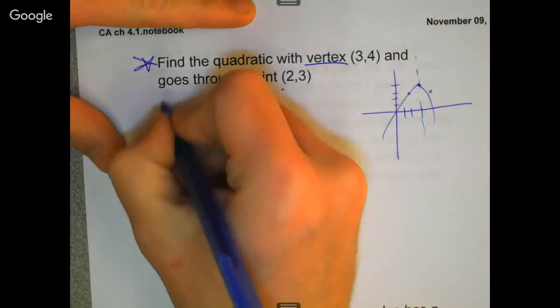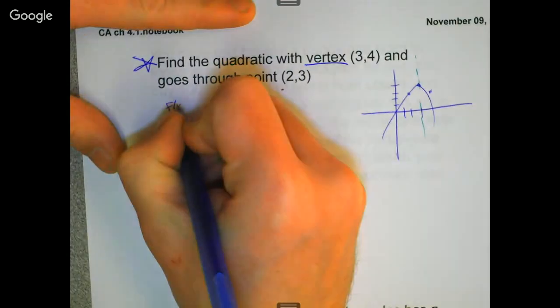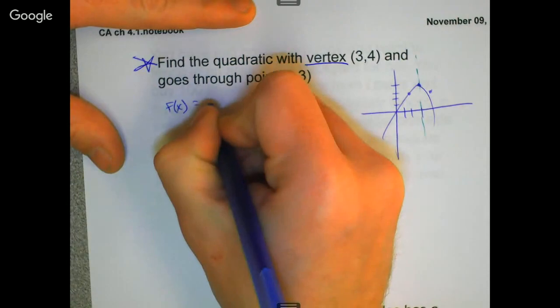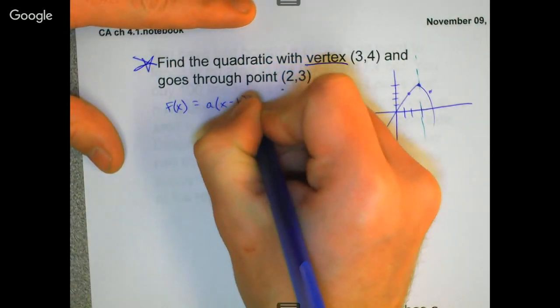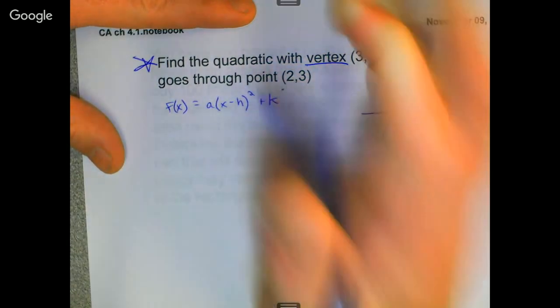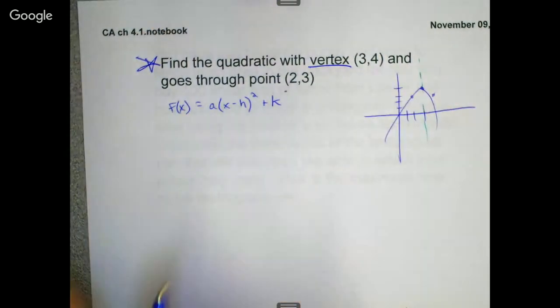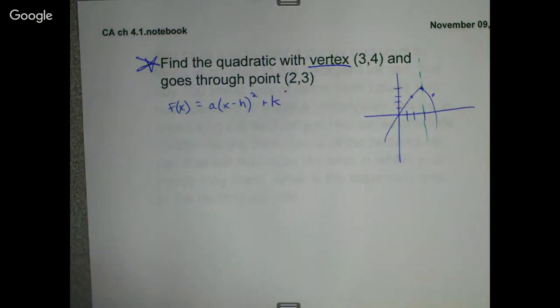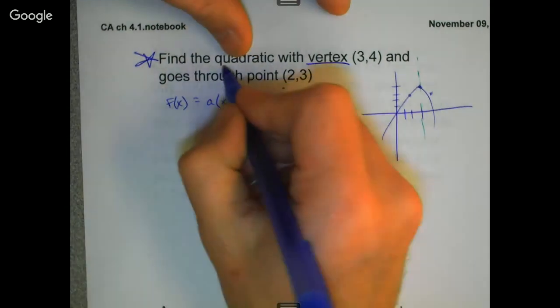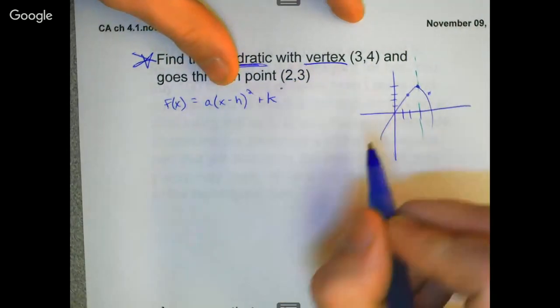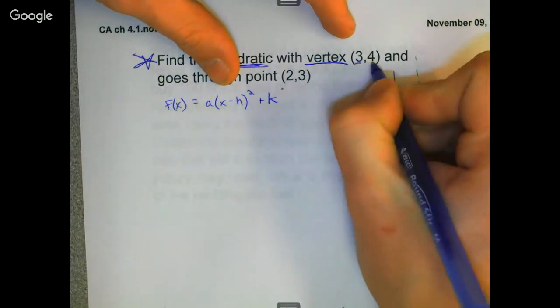So we have the vertex. So I'm going to use the vertex form. So f of x equals a(x minus h) squared plus k. Kind of like when we did the line and we found the equation of the line that went through these points. This is very similar, except now it's a quadratic. So I start with a different equation. So I know the vertex is 3, 4.